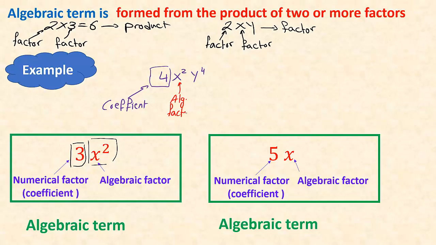So I have here x squared as an algebraic factor. And what about y to the power of 4? y to the power of 4 is also a variable, and when I have a variable as a factor, I call it an algebraic factor. 4x squared y to the power of 4 all together is called an algebraic term.